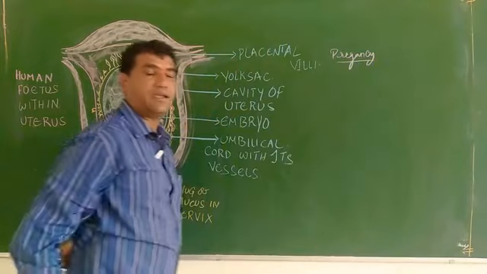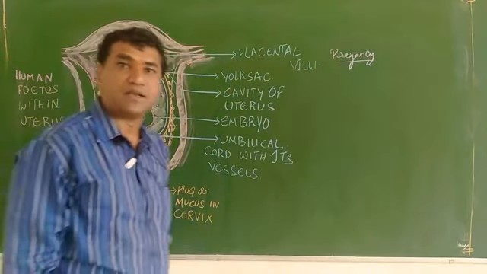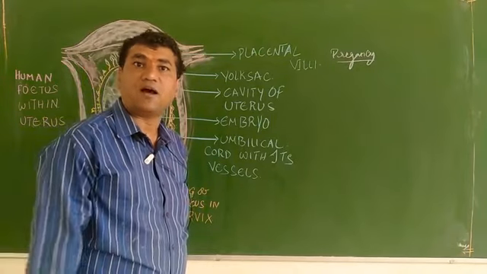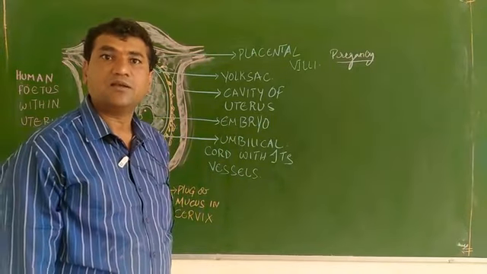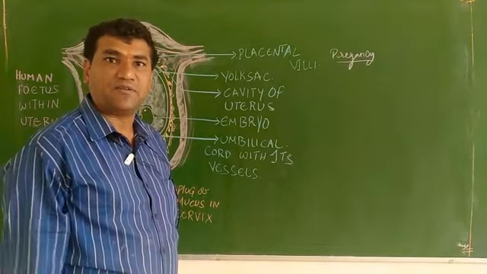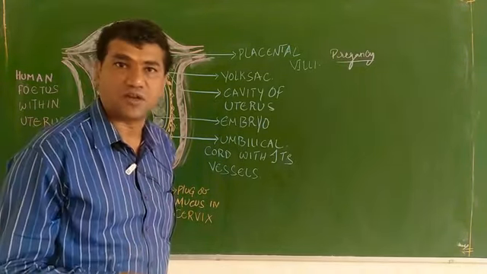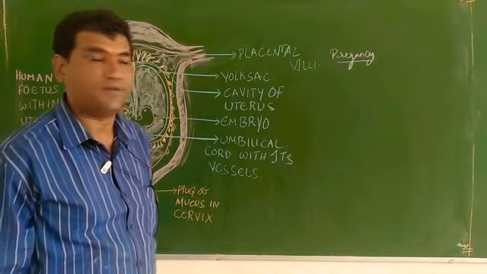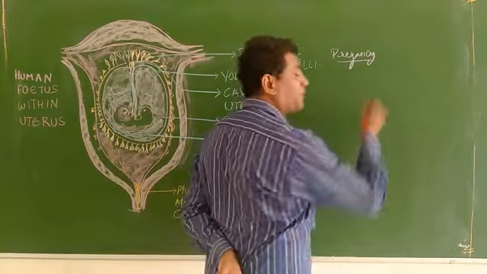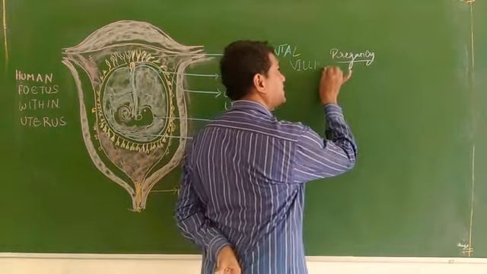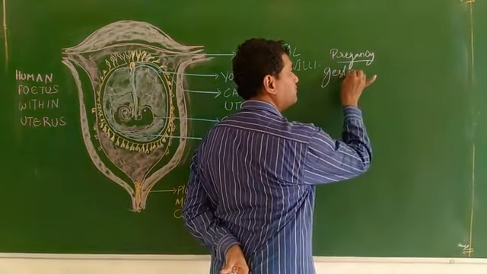Pregnancy is the intrauterine development of the fetus, which is approximately 38 weeks after fertilization. That is 38 plus 2 weeks after ovulation, called 40 weeks. So this is called the pregnancy period, also called the gestation period.